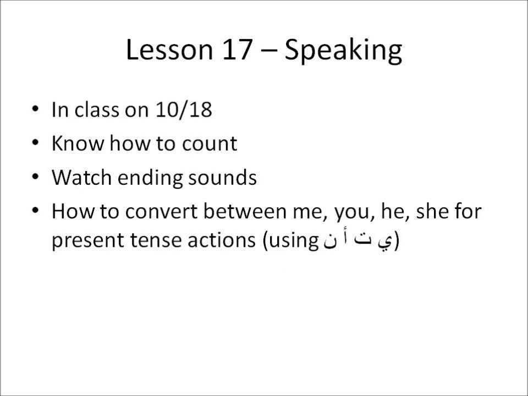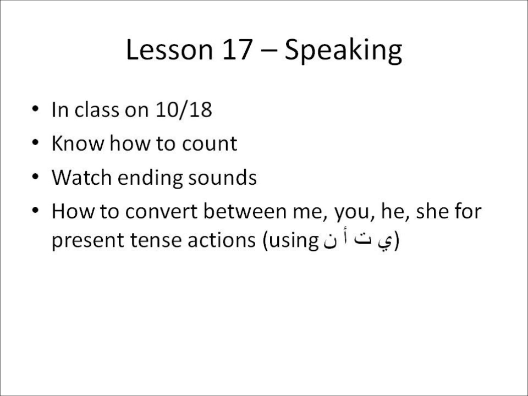Lesson 17 is the speaking part of the unit, and we normally do this on Thursdays. So be ready to know how to count both ordinal and cardinal. So ordinal first, second, third, fourth, fifth to 10th. Cardinal would be 1, 2, 3 to 10. And watch the ending sounds.